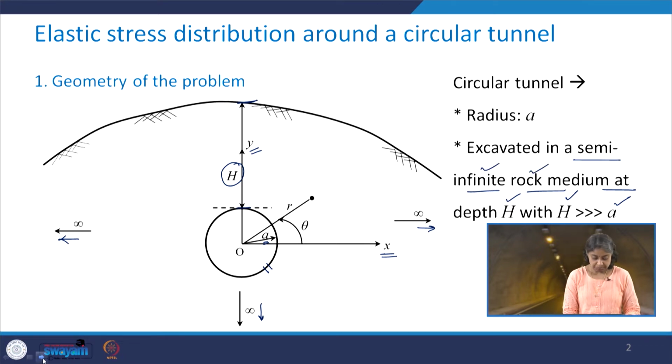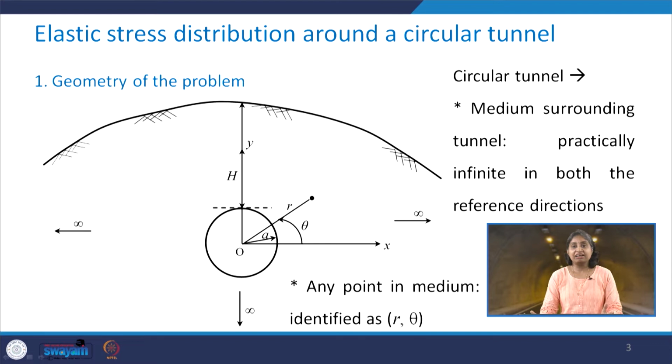Now, another aspect is that the medium which is surrounding the tunnel, we are considering to be infinite in both the reference directions, and any point that you take in this medium, which is represented by this circle, can be identified as r comma theta.